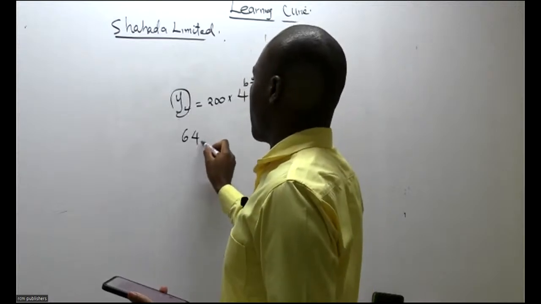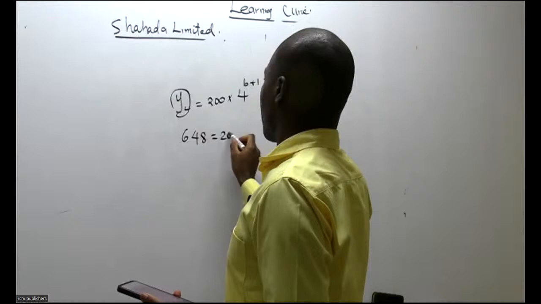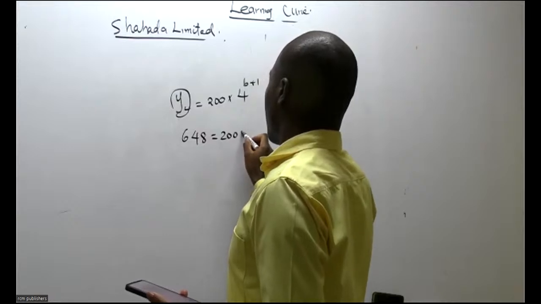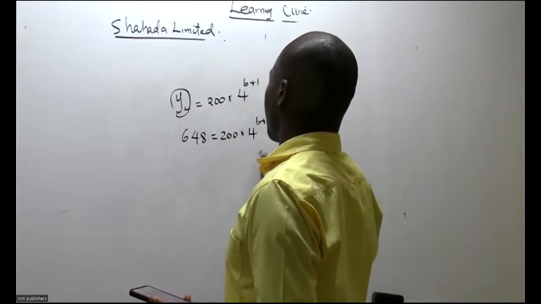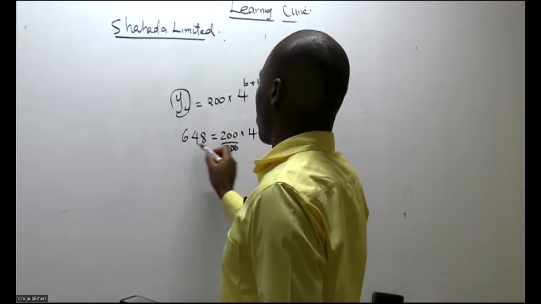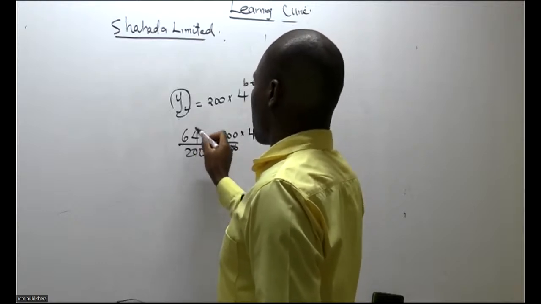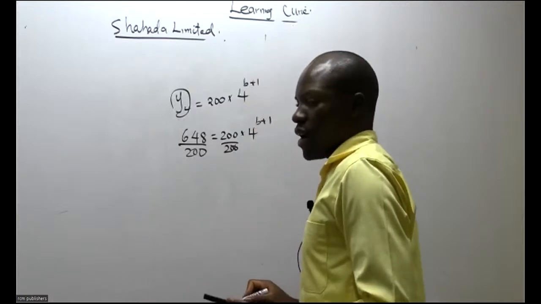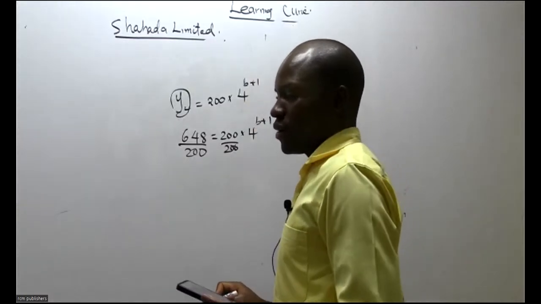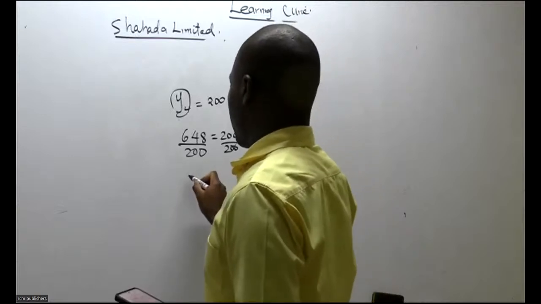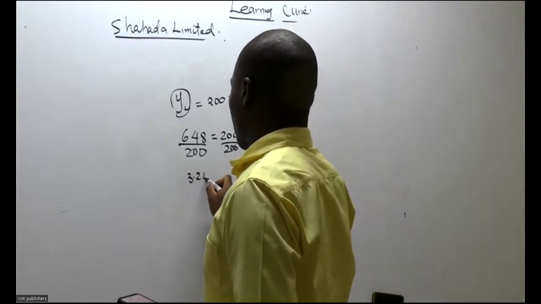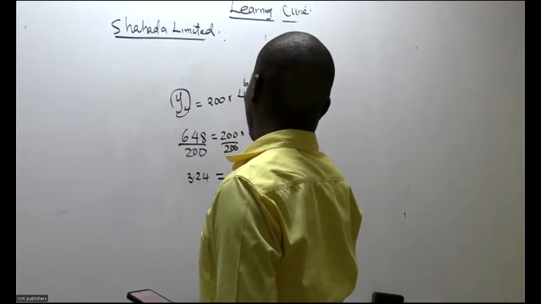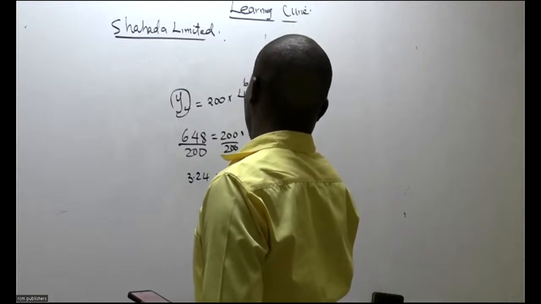So 648 is equivalent to 200 by 4 raised to the power B plus 1. Divide both sides by 200. 648 divided by 200 gives us 3.24, which is equal to 4 raised to the power B plus 1.